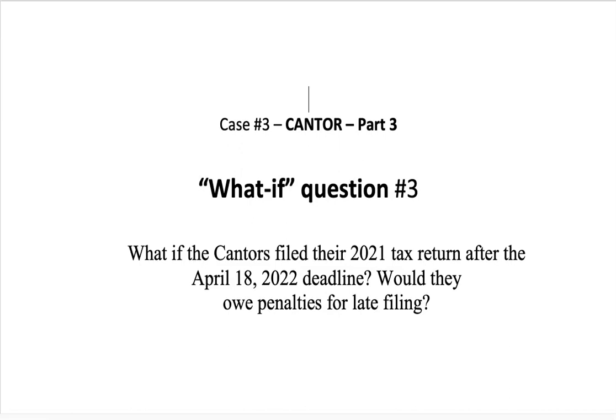What if, question number 3? What if the Cantors filed their 2021 tax return after the April 18th, 2022 deadline? Would they owe penalties for late filing? Well, the answer depends on whether they owe money or they don't. In the core case, they were getting a refund. In the expanded case, they owe money.